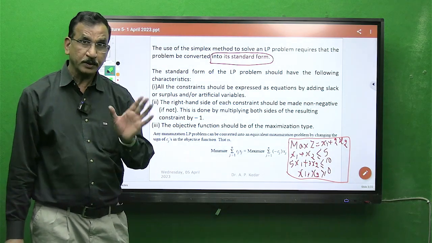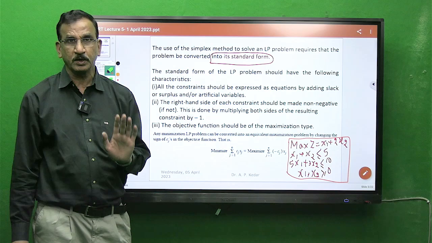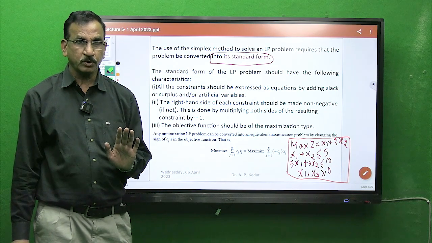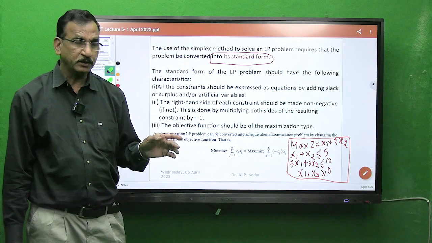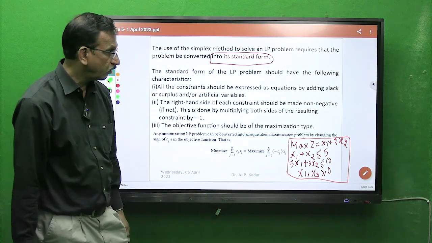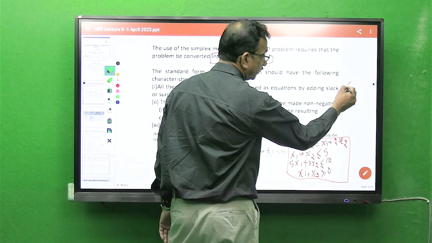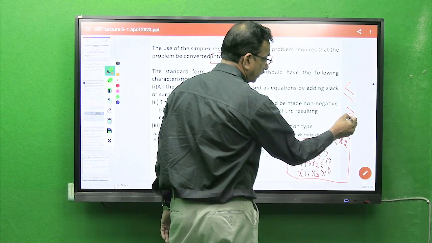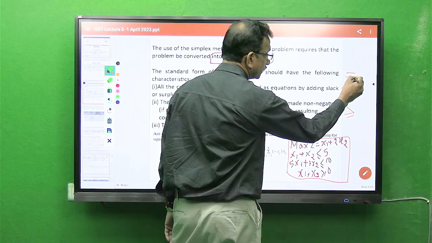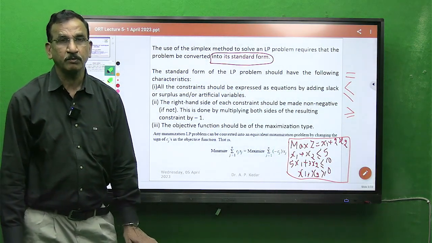Now, whatever initial formulation we are doing based on the given data, either in the form of, this is very important, less than, greater than or equal to constraints, is called the canonical form.